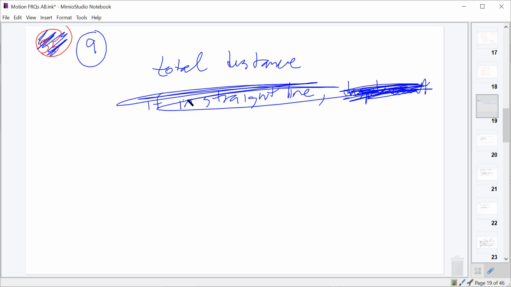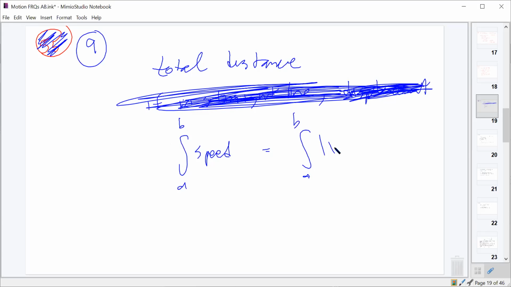So we're just going to say the odometer tells us our total distance traveled. And since the total distance traveled can only be found by integrating the speed, we want to integrate the speed. And the integral of speed is the integral of the absolute value of the velocity. So we want to integrate the absolute value of velocity to find the total distance traveled.